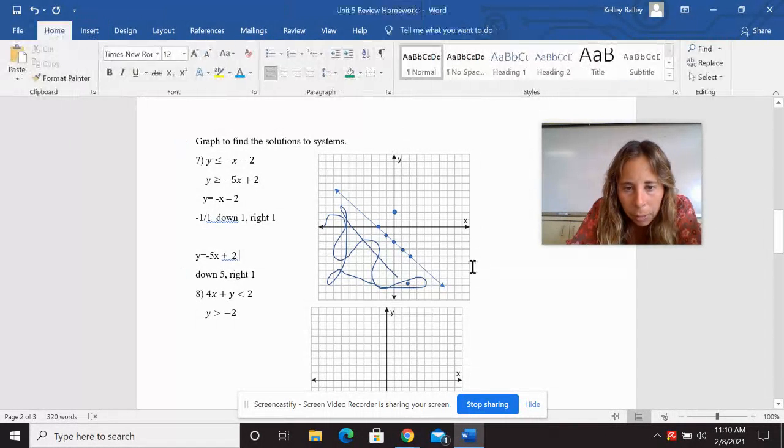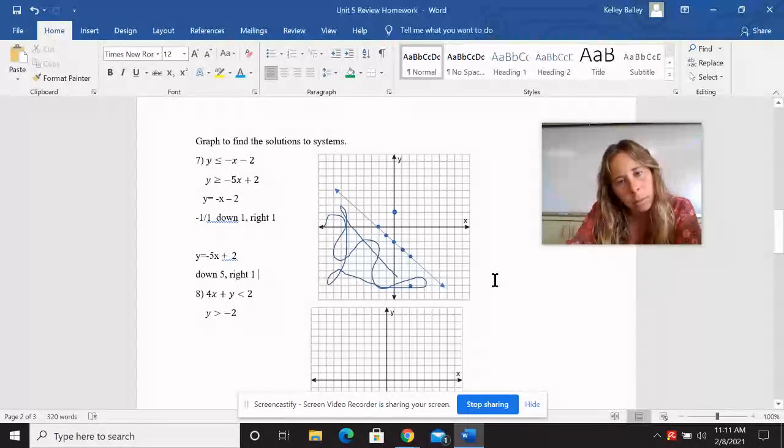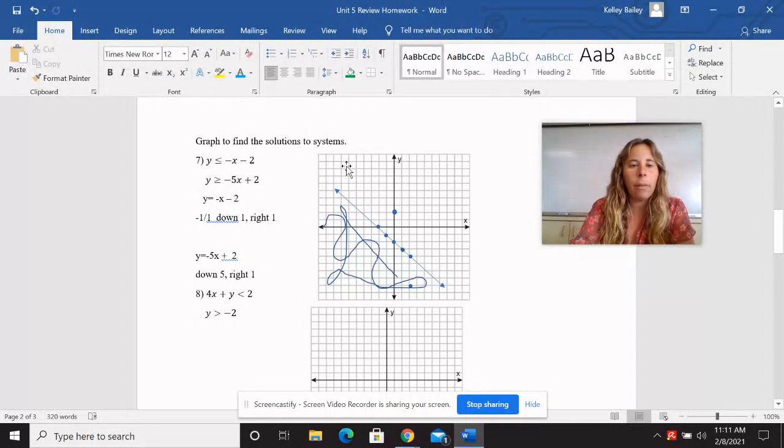Down 5, right 1. Okay, so we're there. Down 5, right 1. Okay, and we're there. And then you can go the other way if you wanted to go the opposite.